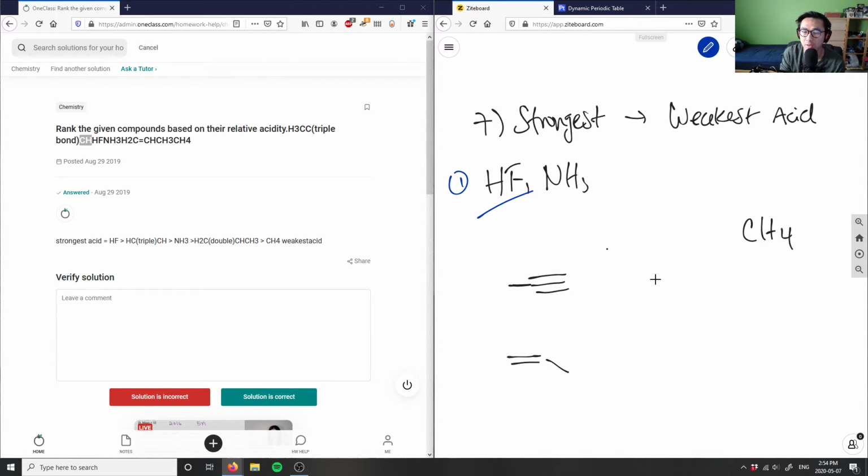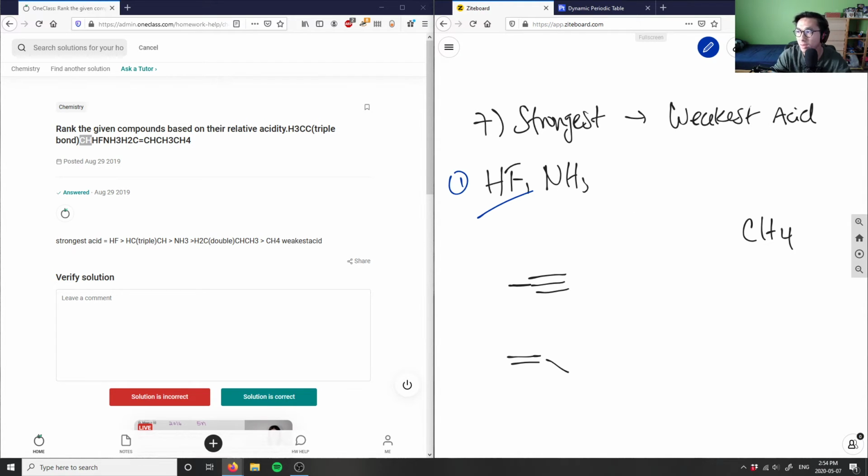Next, I'm looking at what is my next strongest acid. So I have an alkyne, and then an alkene, and then NH3, and then CH4. It depends on the relative acidity, right? So again, NH3 basically behaves as a weak base.